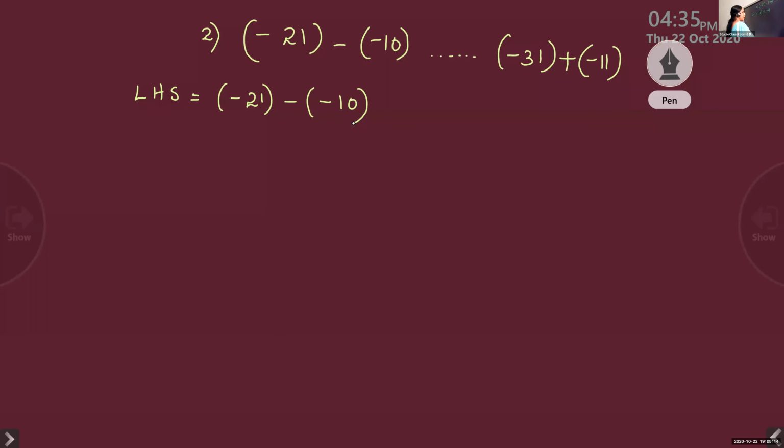Ma'am, I heard that negative number has more value, or positive number has more value. That I told no. For subtraction, take the bigger number, only that, big number. Don't look at the negative and positive.